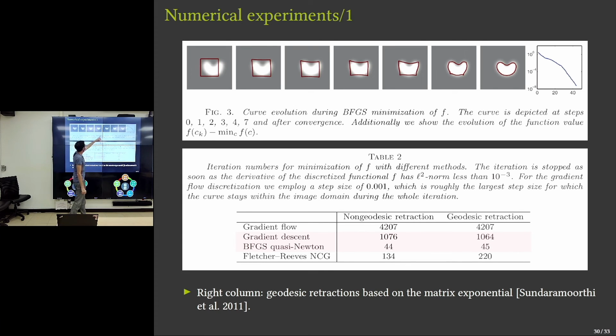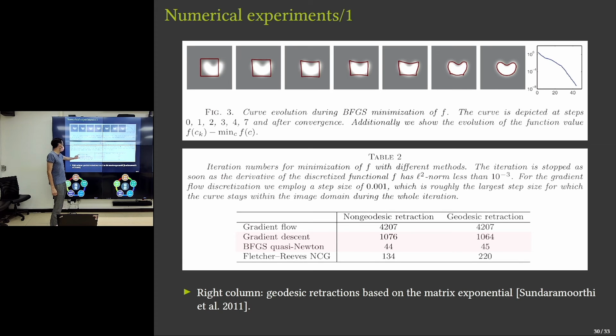This is step number 7, and this is at convergence. There are not all the steps, so this must be some step at around 40, right? And this is the convergence of the objective functional to the approximate optimal value, because they stop at 10 to the minus 8. And this is interesting: it's a comparison with other methods.